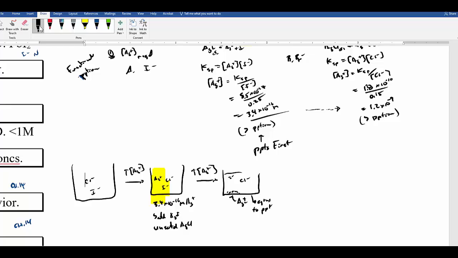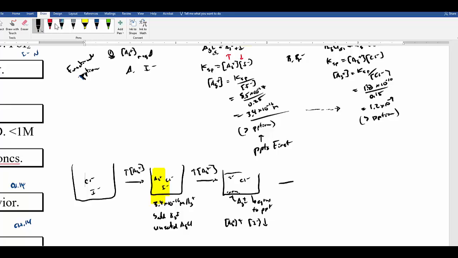And the chloride's still going to be the same. As the silver ion concentration increases, the iodide concentration must decrease, in order to maintain KSP. So if we go back up here, if we increase the silver ion concentration, the iodide concentration is going to decrease. Nothing's going to happen to the chloride concentration because it still hasn't begun to precipitate.